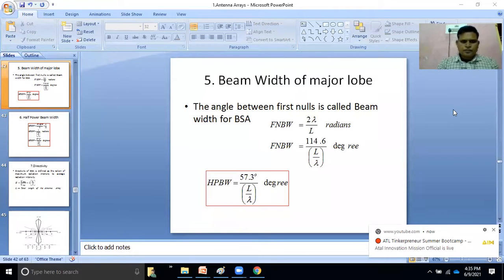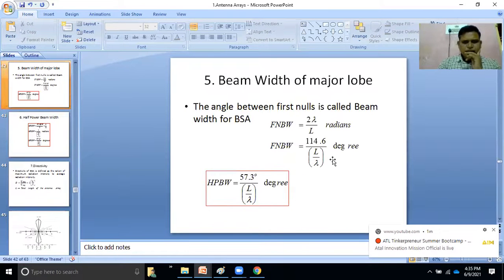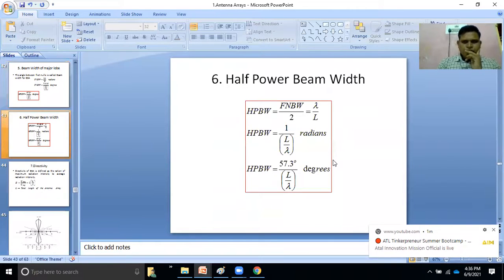This is the half power beam width. So the beam width for the major lobe is the first null beam width, and this is the half power beam width. Half power beam width is equal to first null beam width divided by 2. That's why we get λ by L.